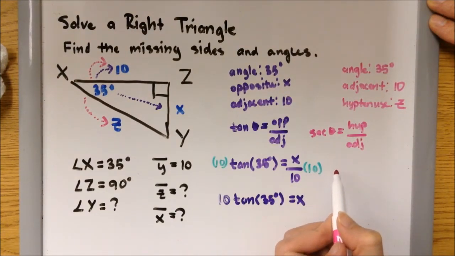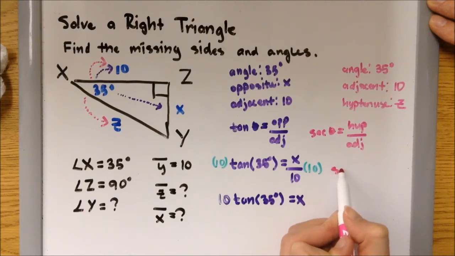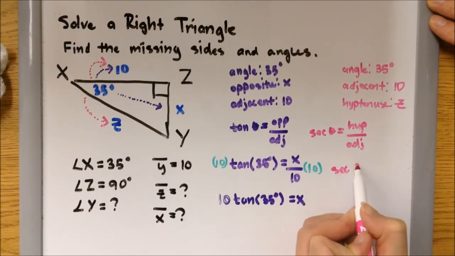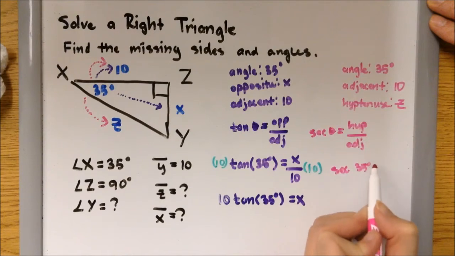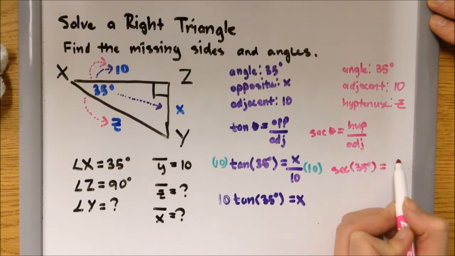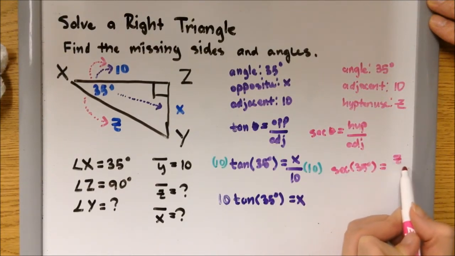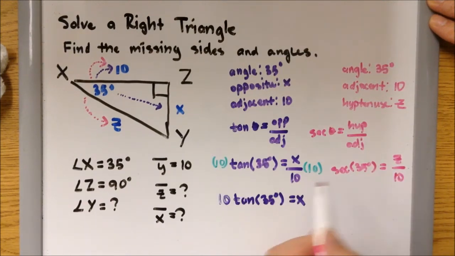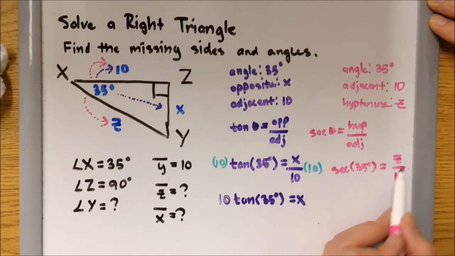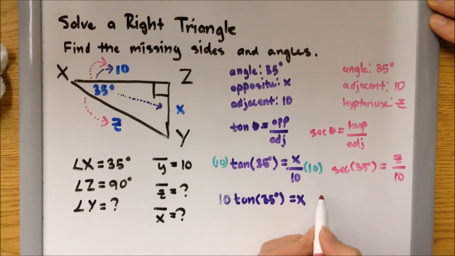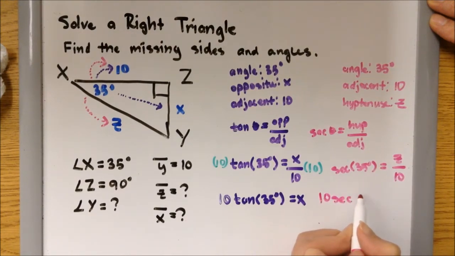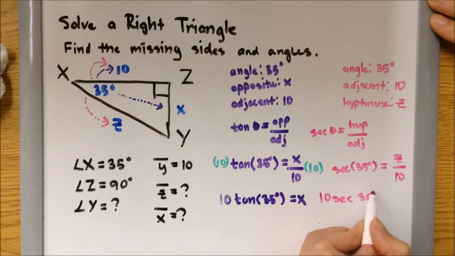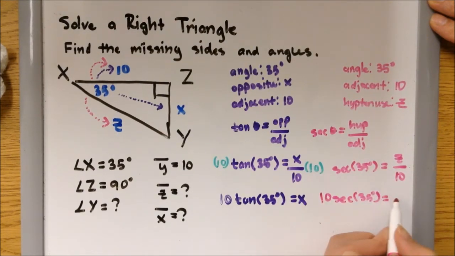So over here, I would write secant of 35 degrees equals Z over 10. And just like before, I would multiply both sides by 10 so that I isolate Z by itself. So it's going to be 10 secant 35 degrees equals Z.